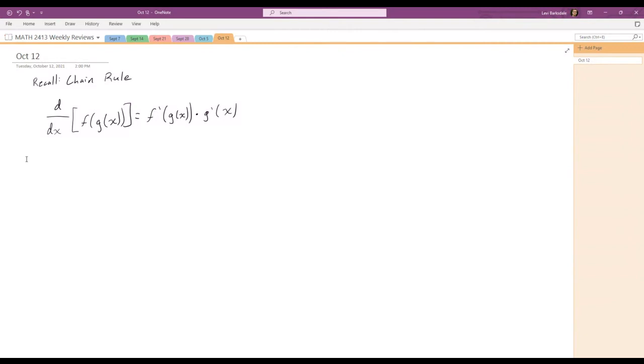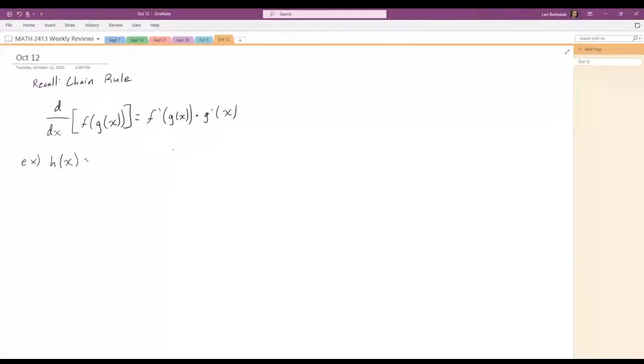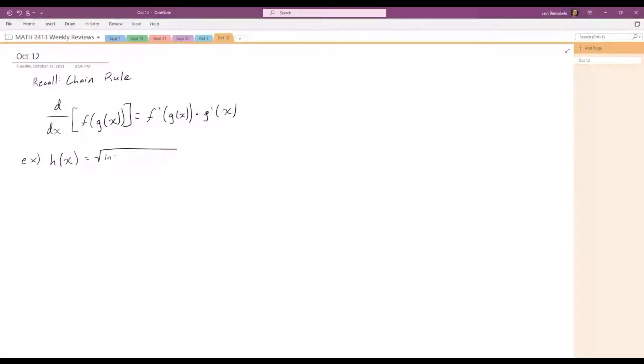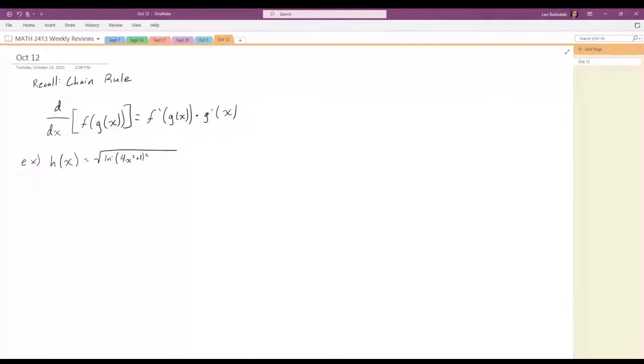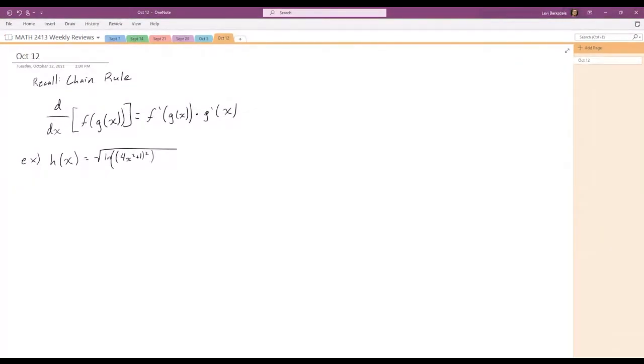So for example, let's say we had h of x is equal to the square root of the natural log of 4x squared plus 1, squared, like that.